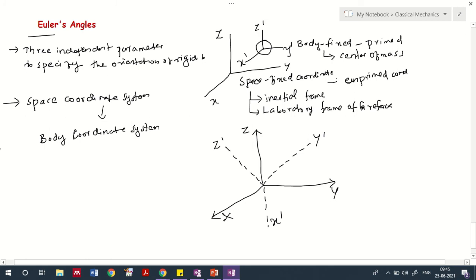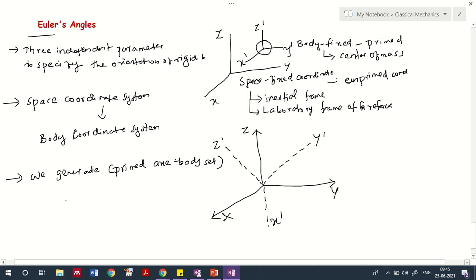So what we basically do is that we generate the primed coordinates. The primed axis, we know, is a body set of coordinates, right?